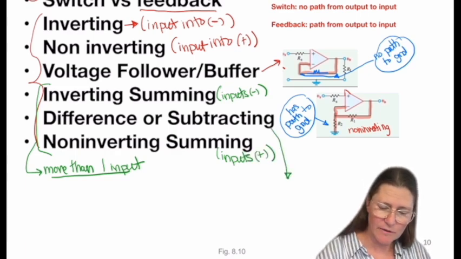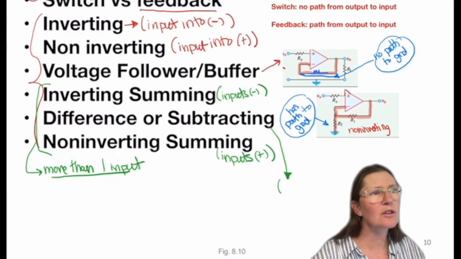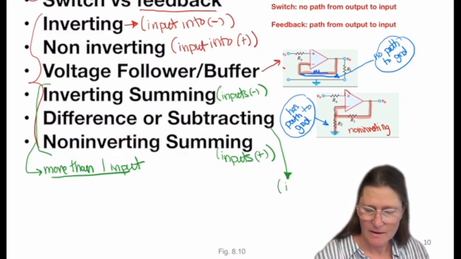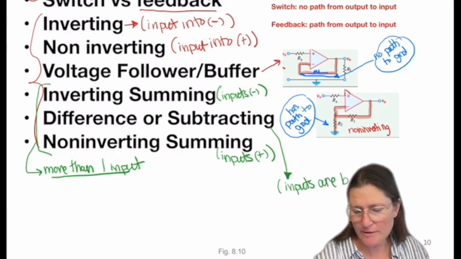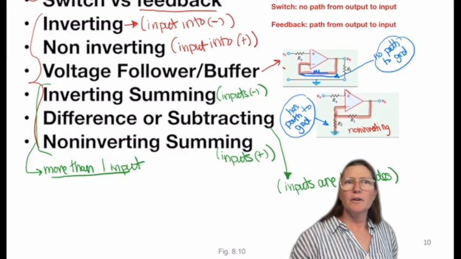And then with difference amplifier, you have a signal on both sides. One on the input on the positive side, and one on the negative side. So they're on both sides. Does that make sense?